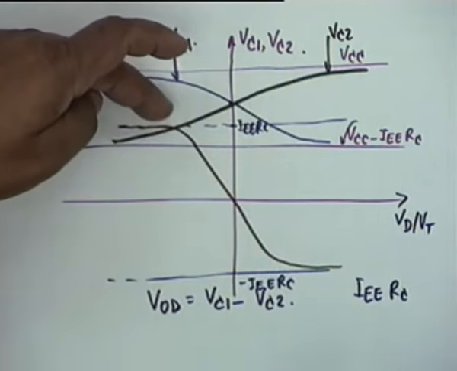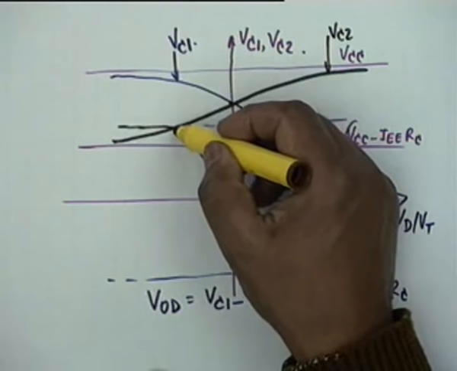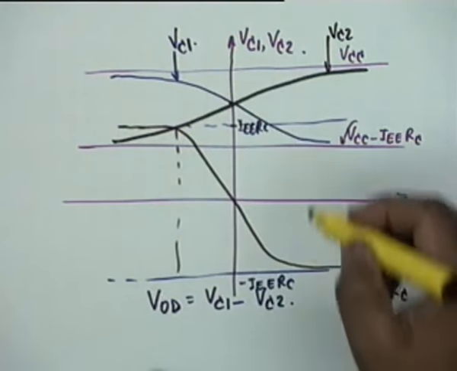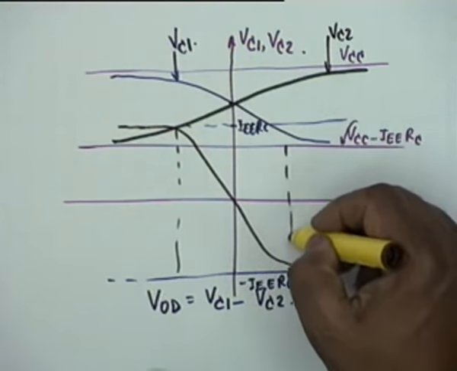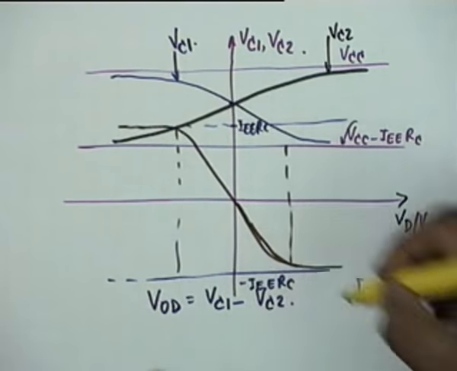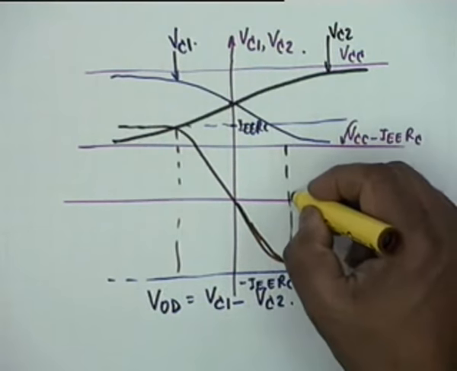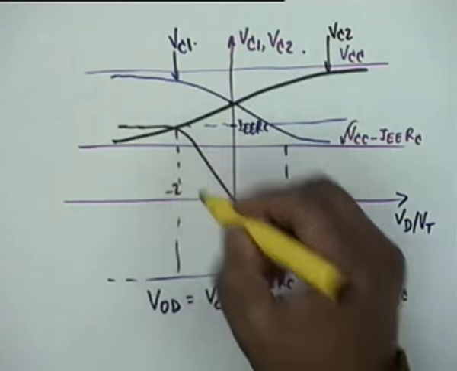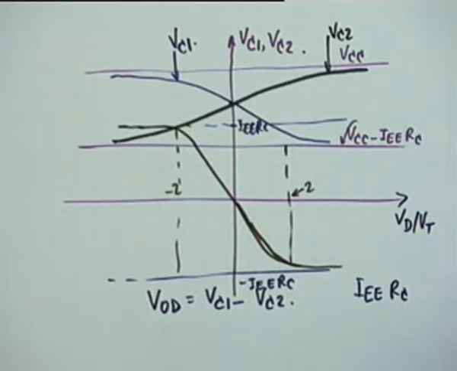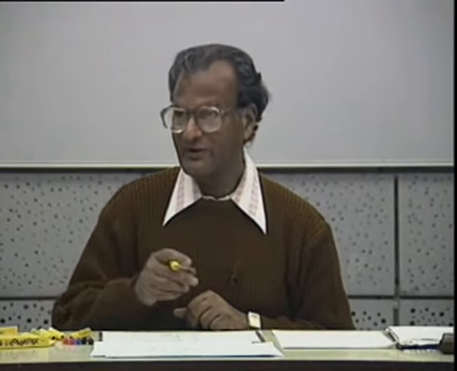It will swing between plus IEE RC to minus IEE RC, and this range is very approximate. I should have drawn it like this. This range is 2 and minus 2 approximately. The range in which the curve of VOD versus VD by VT is approximately linear.